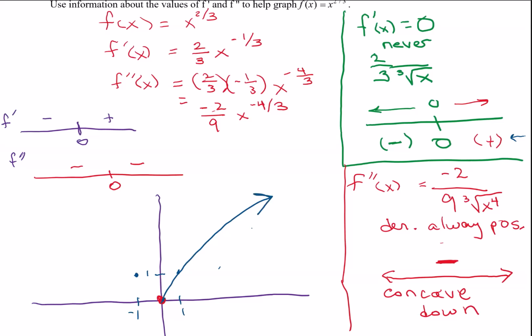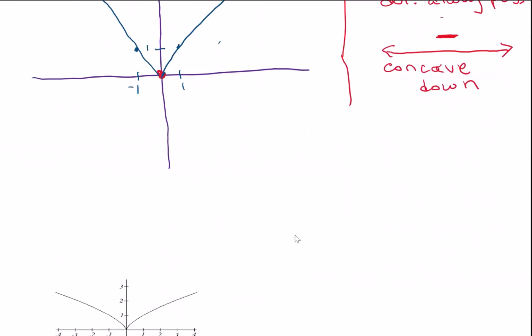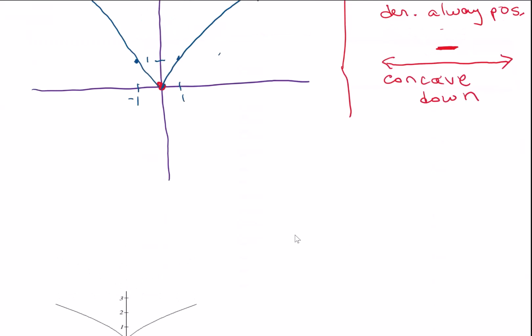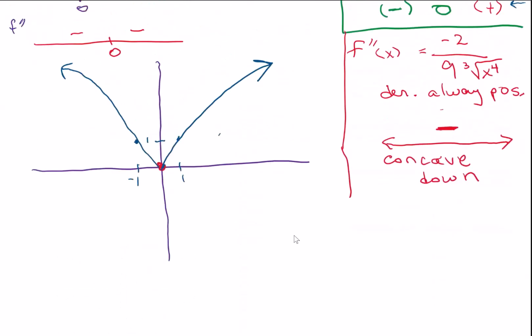And the same thing on the other side, except it's decreasing. So if I come from the left and go through that point, I can see this is always decreasing, and it's also concave down. And if we look here at what it's supposed to look like, we did a pretty good job.